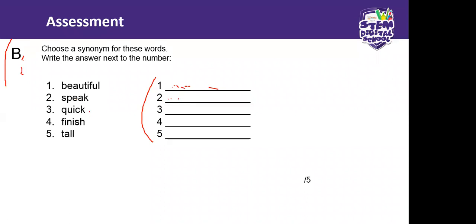Then we come to number 3. Find me another word that means quick. If you're quick, you are actually, yes, that's the word. Then you write it at number 3. Find another word, a synonym for quick.